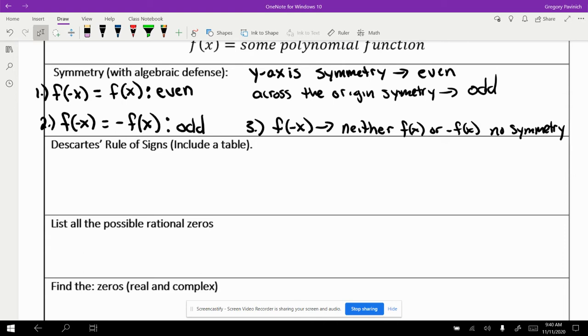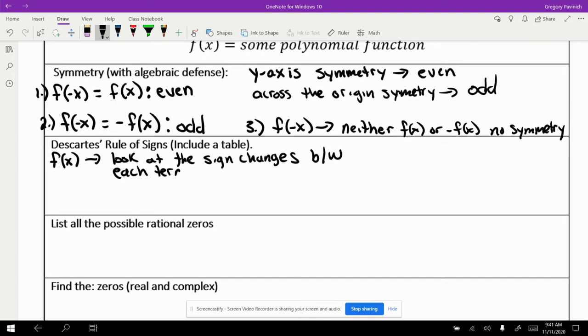What you're going to do is you're going to take your function f of x, and you're going to look at the sign changes between each term.